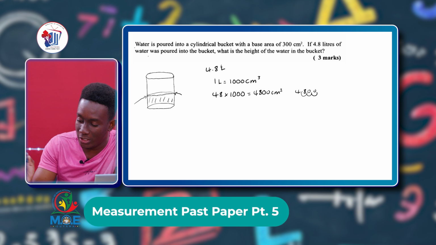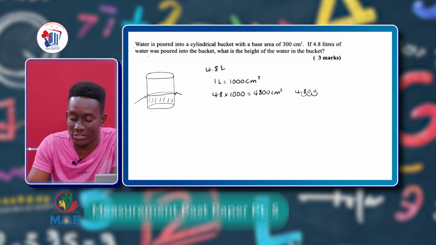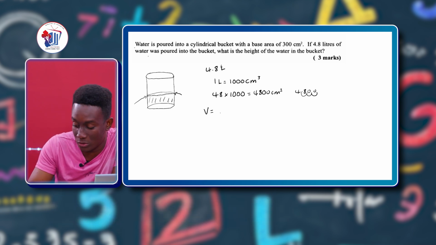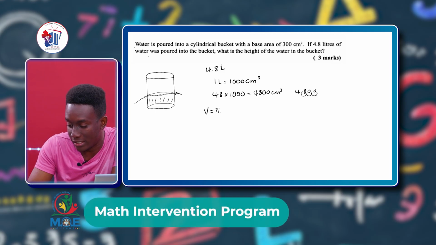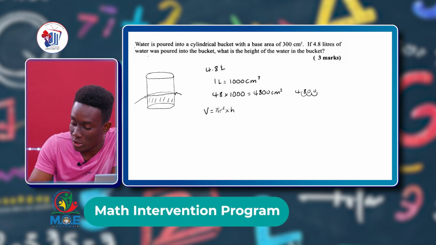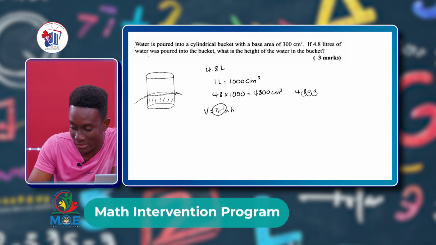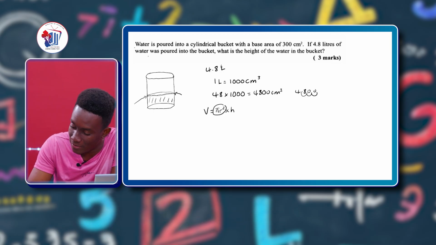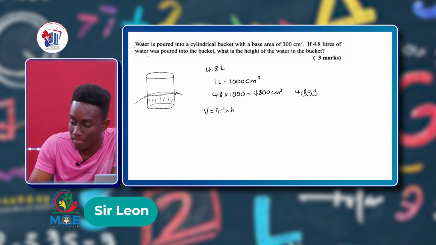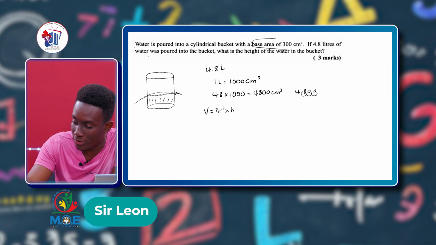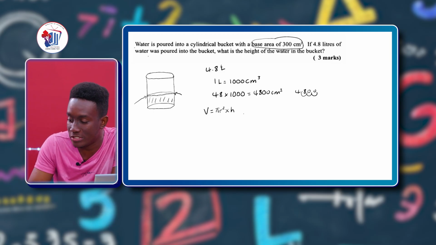So now we can use that to find the height of the cylinder. We can say volume is equal to pi r squared times the height. Since we're dealing with a cylinder, pi r squared is the area of the circle. They gave us the base area as being 300 cm squared.